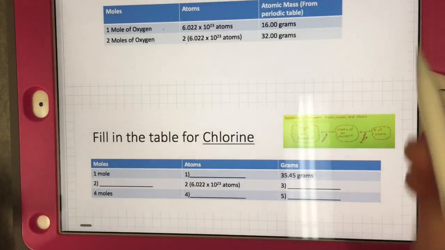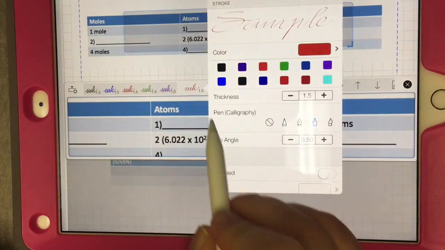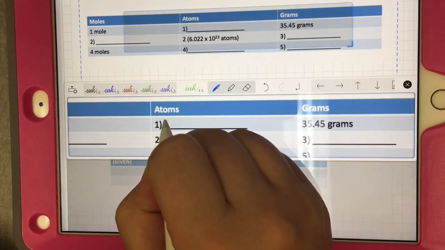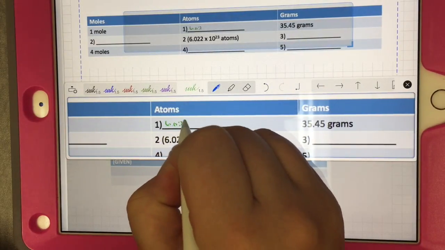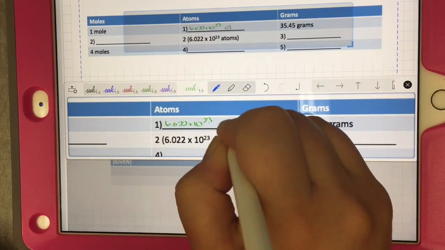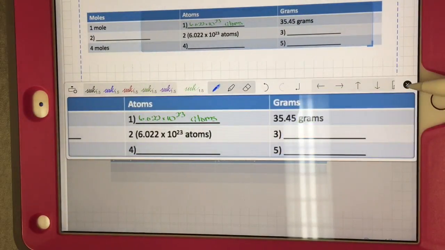So 1 mole of chlorine is also going to be 6.022 times 10 to the 23rd atoms. And from the periodic table, we know that's 35.45 grams.